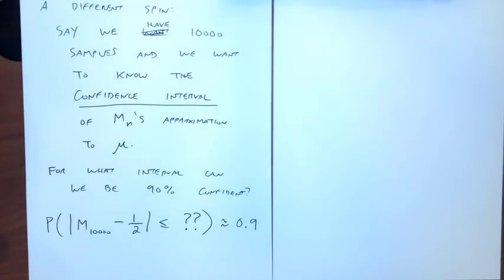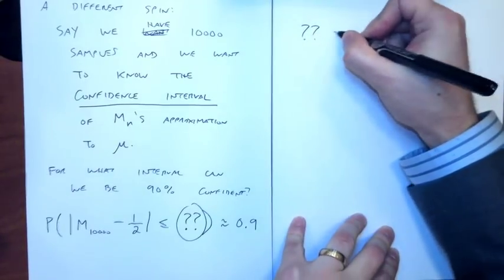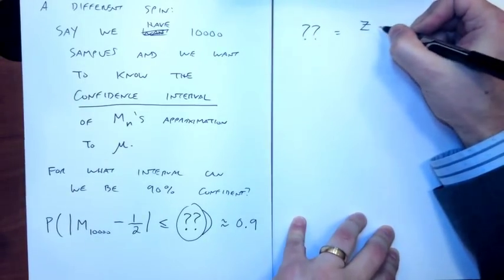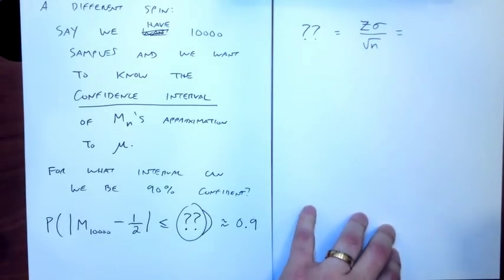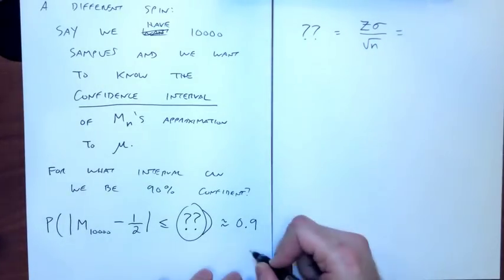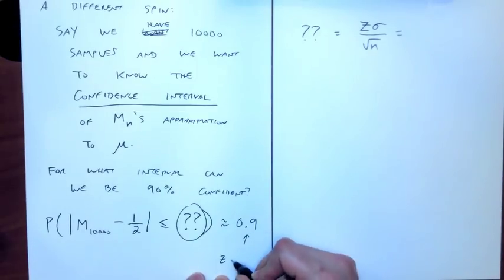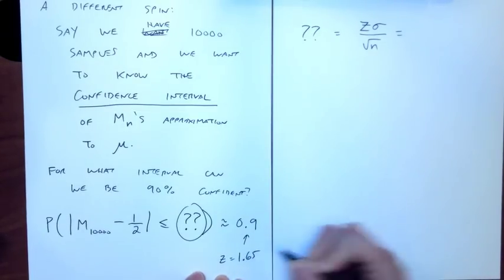So if I want to say, what is the 90% confidence interval, now I have to compute what goes in this question mark box. The question mark box is, again, the same z sigma over square root of n from before. And we learned that z for this, from the last example, was the same 1.65.